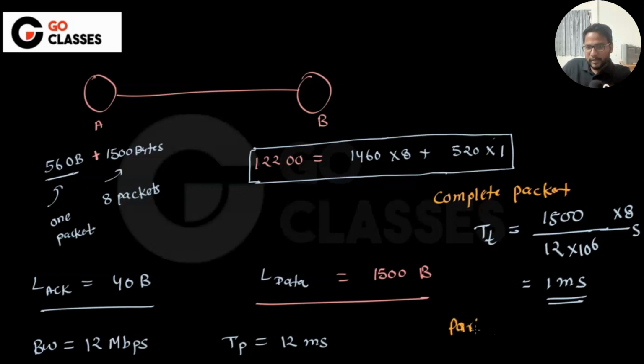Let's also find out the transmission time for the partial packet. What will it be? It is the length, given to be 560 or 520. 560 bytes, I think we are sending, right? Upon 12 into 10^6 seconds. So is this also a good number?